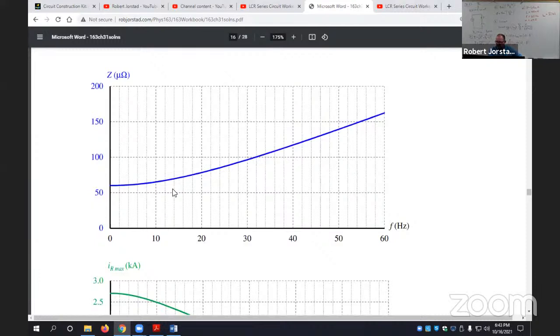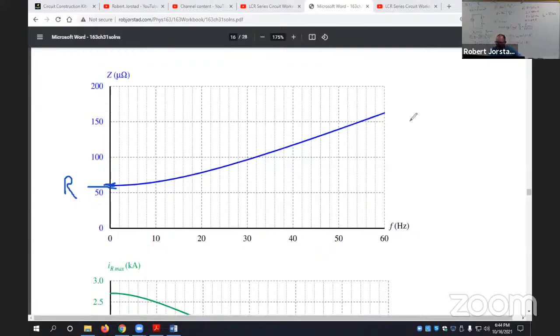What happens? The impedance increases. The impedance starts out at 60. Well, remember the resistance was 60. And then as we increase the frequency, we have an impedance of almost 3 times that.